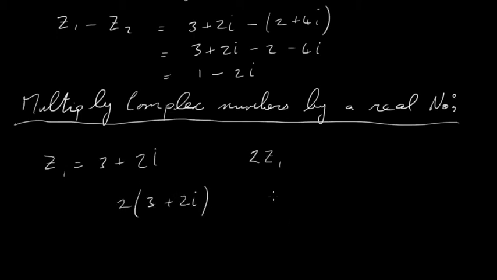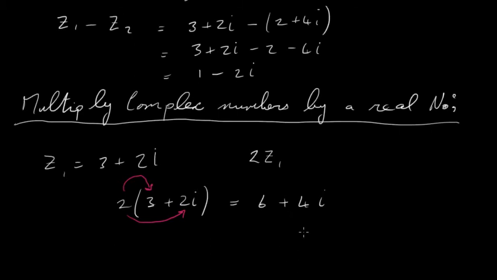You do exactly the same as what you do in normal algebra. You multiply this 2 by this 3, and then you multiply the 2 by the 2i here. And when you do that, 2 times 3 will give you 6, and 2 times 2 will give you 4i. So that's multiplying by a real number.